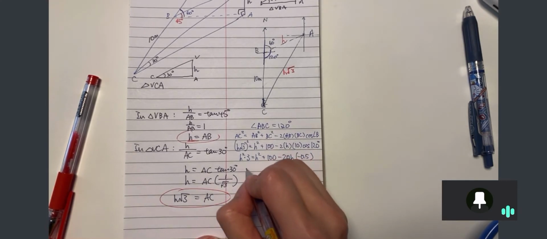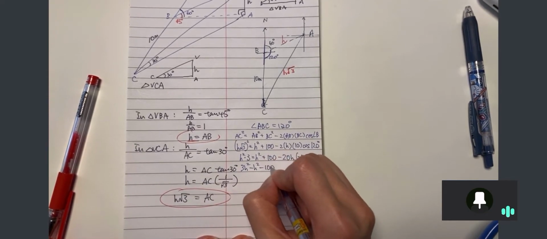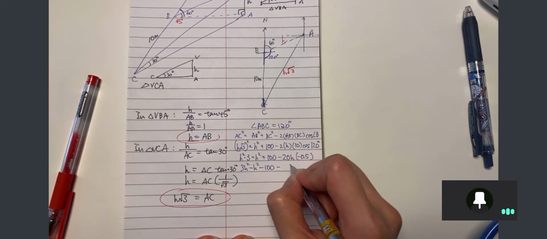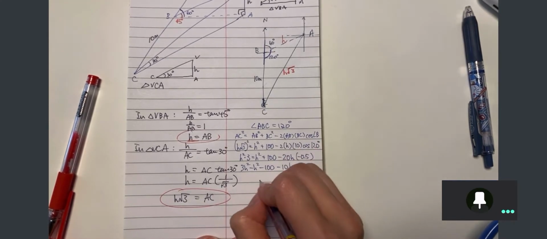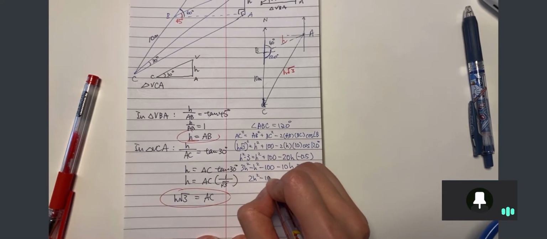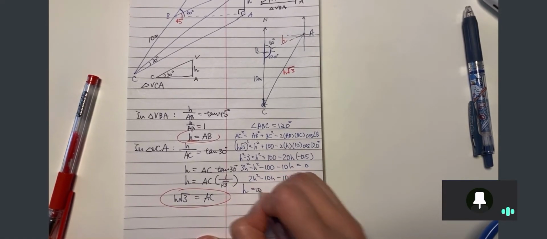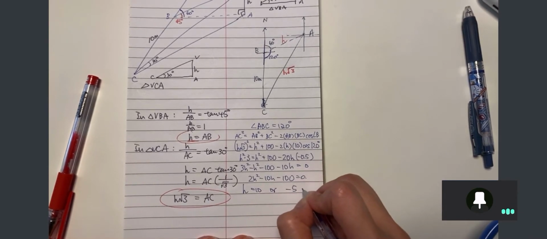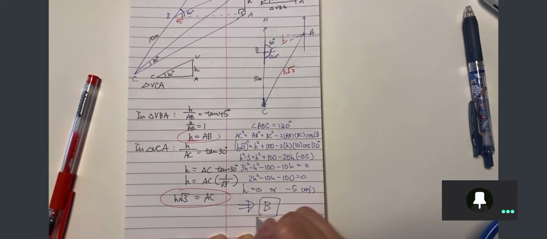And then 3H squared minus H squared minus 100 minus 10H equals 0. So 2H squared minus 10H minus 100 equals 0. So H equals 10 or negative 5, and H is a positive number. That means the answer is B.